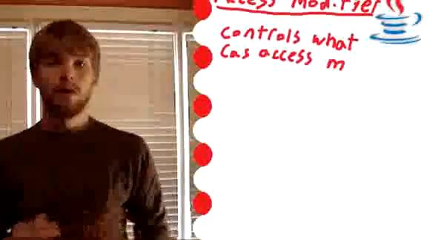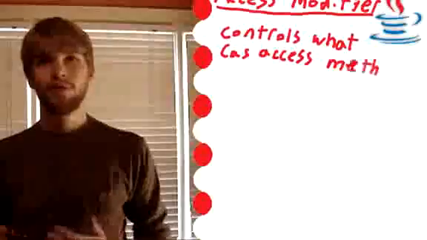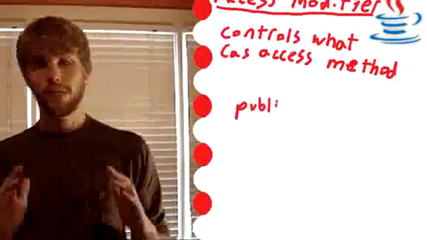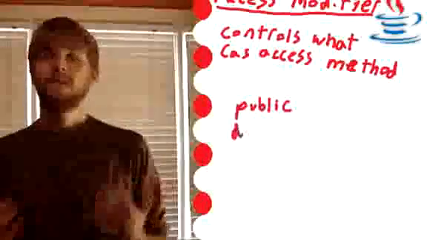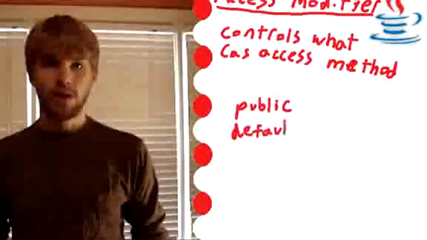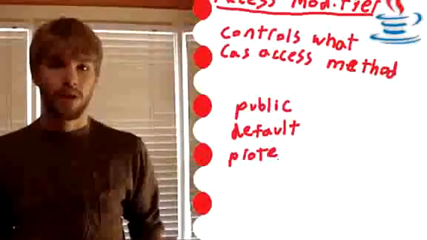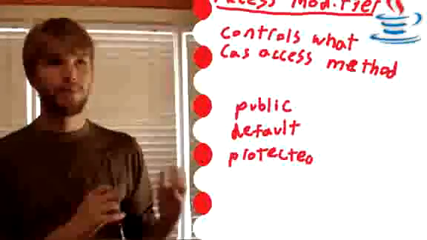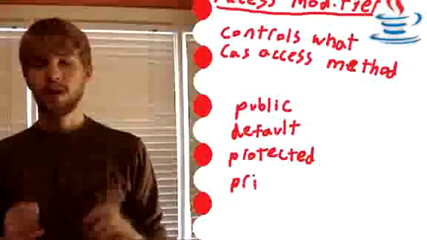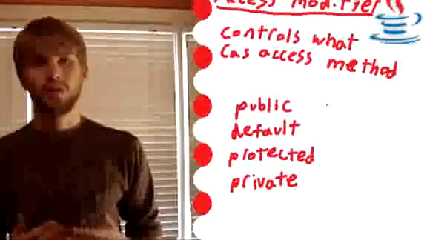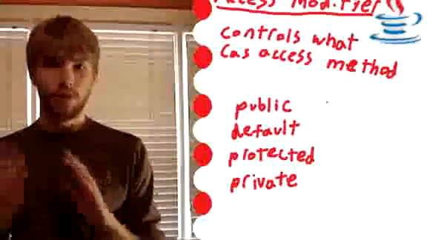It's mostly an issue that comes up when you have multiple classes. For instance, with private, only the class you're in can access it, and with public, anything can access it. And with default, things in the same package can access it, and the class can access it, and protected is in between. So know that there's 4 of them.